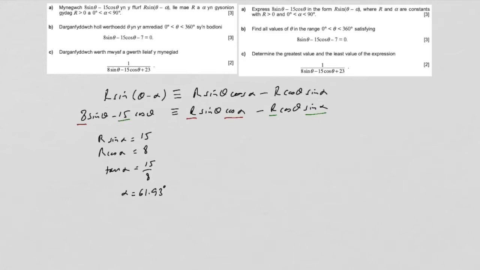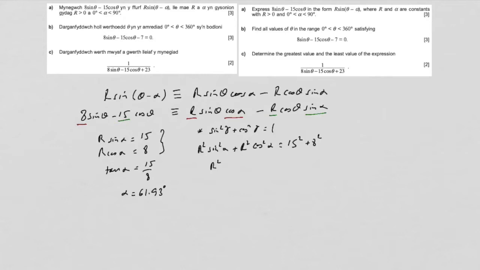Now to find r, we again use these two equations here, and we remember that, first of all, sine squared of an angle plus cos squared of the same angle is always equal to 1. So then we can square each of those. So we have r squared sine squared alpha plus r squared cos squared alpha must be equal to 15 squared plus 8 squared.